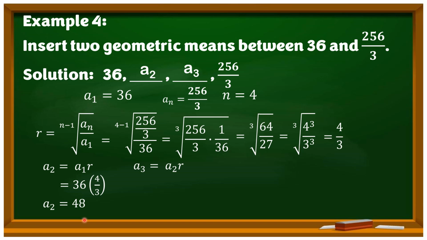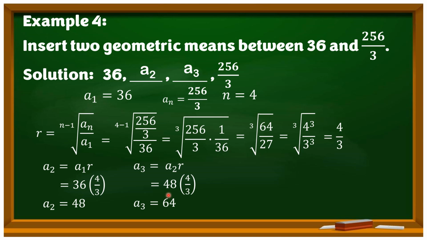And then next, for the third term, a sub 3 is equal to a sub 2 times r. A sub 2 is 48, and the value of r is 4 over 3. So 48 times 4 divided by 3 is equal to 64.